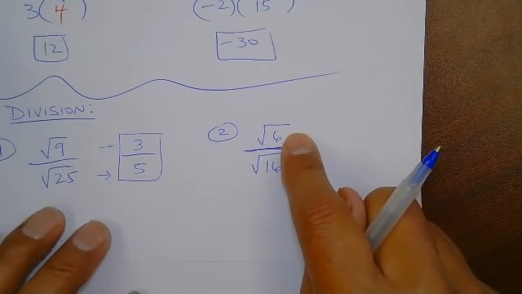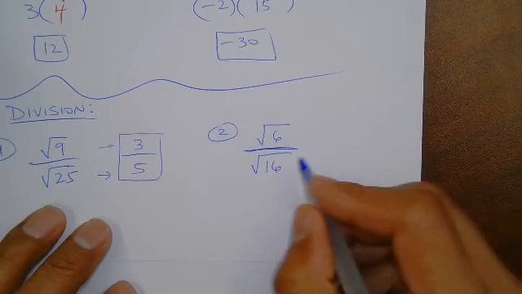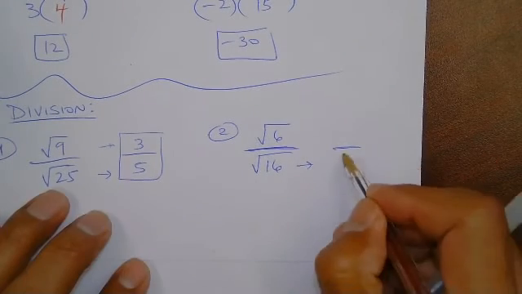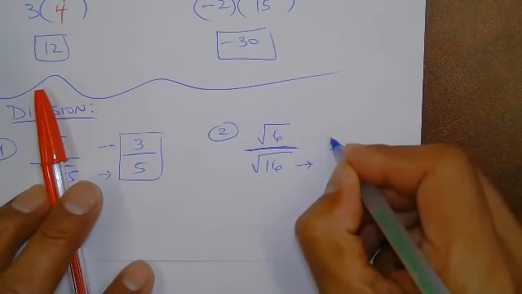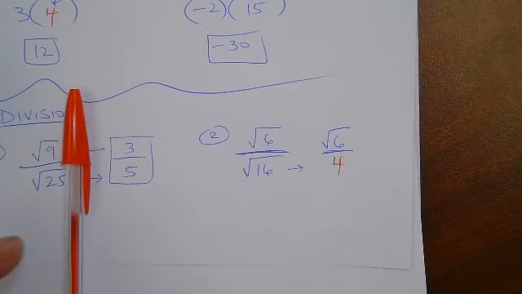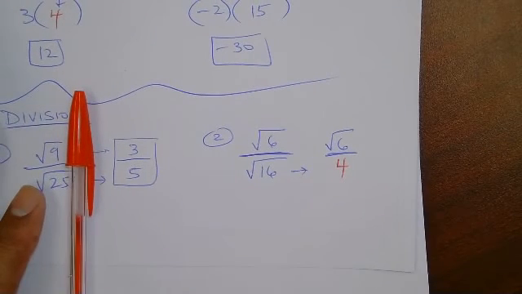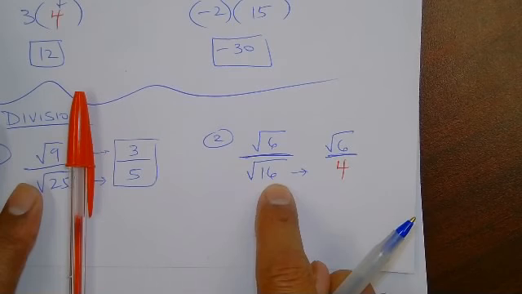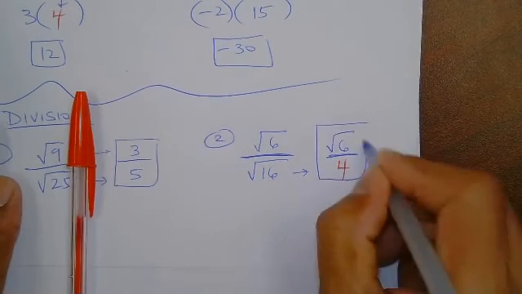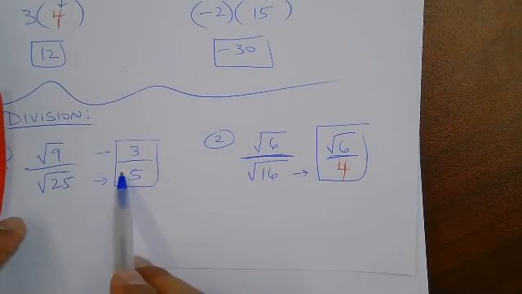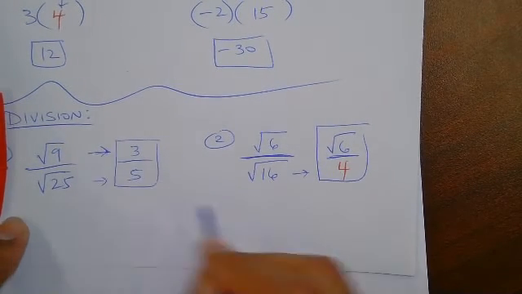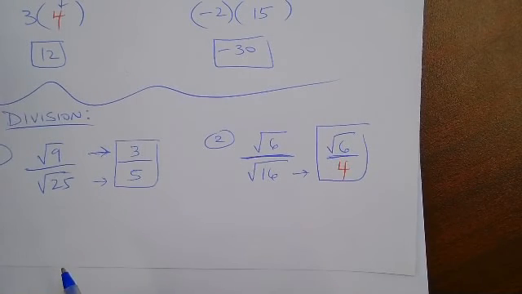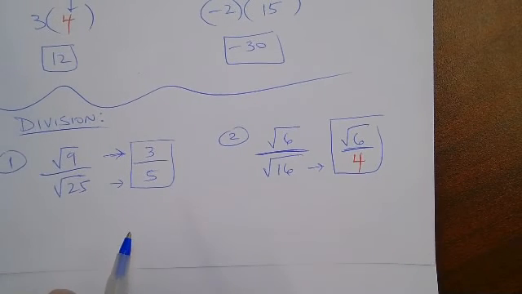You better not put 3, it's not half of a number, is it? But 16 does have a perfect square root. The square root of 16 is 4. But this one does not, so you just leave it like that. Only this one has a perfect square root. If they both have a square root, then you just square root the top, square root the bottom. But if only one of them has it, just do that.